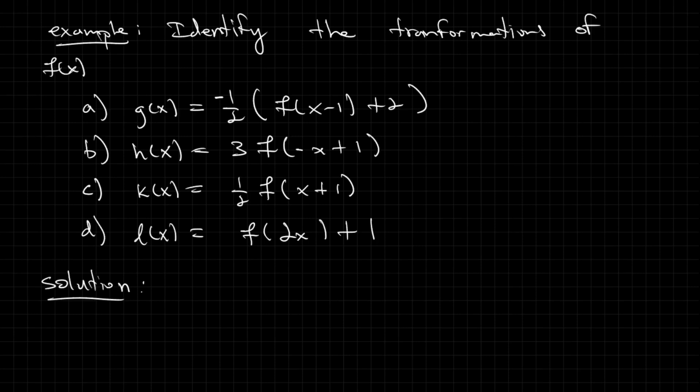Now given this information, let's go ahead and work on this example problem with various types of transformations. So we'll go to A, and the first thing that you should ask yourself if there are multiple transformations is, do I need to worry about the order?